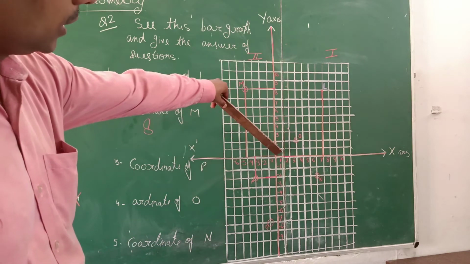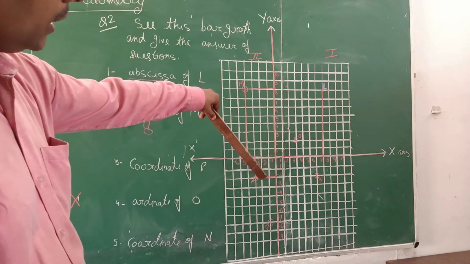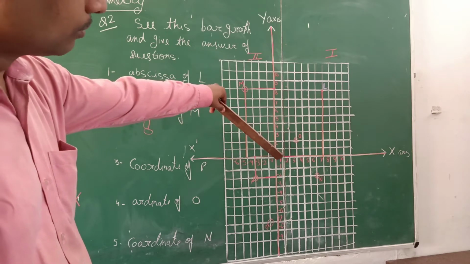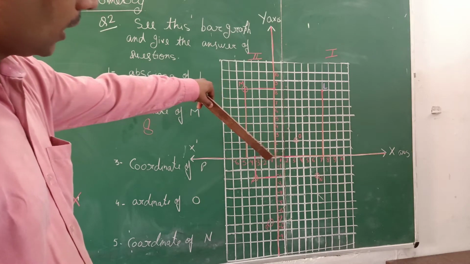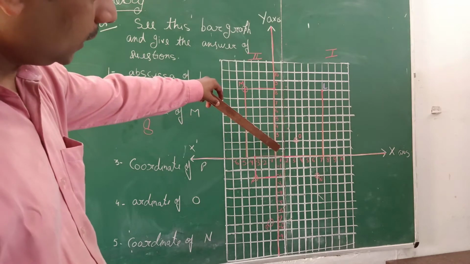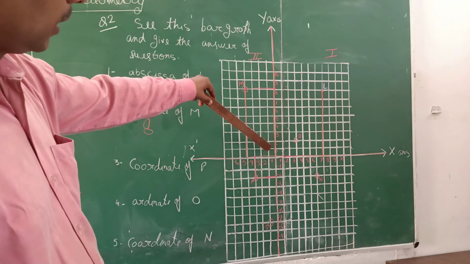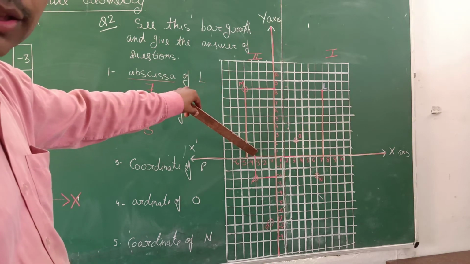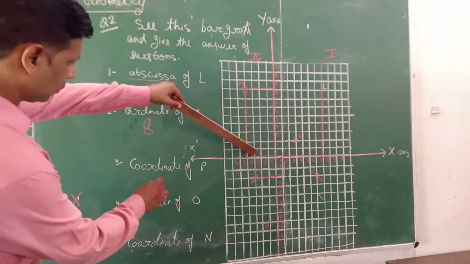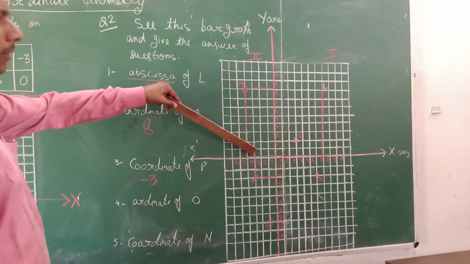So this is our origin. For reaching this point, first we have to move left side on the x-axis. How much distance? -1, -2, -3. Right. So first -3.